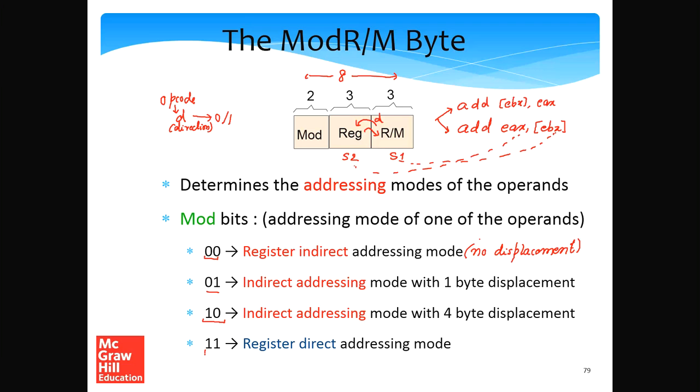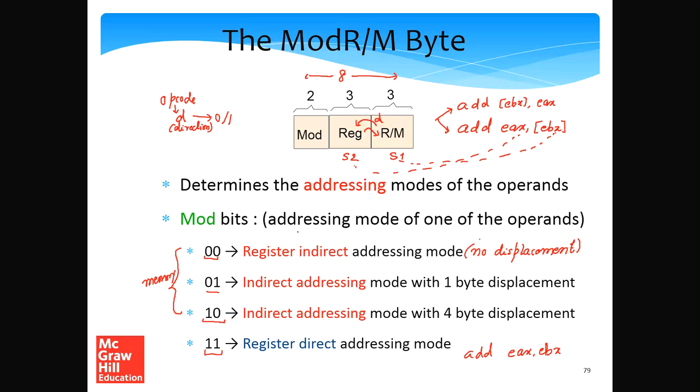If the mode bits are 1, 1, the register direct addressing mode is being used. There is absolutely no memory, and the operand S1 is actually a register. It's only an operation on registers. The first three modes indicate that one of the source operands is a memory.